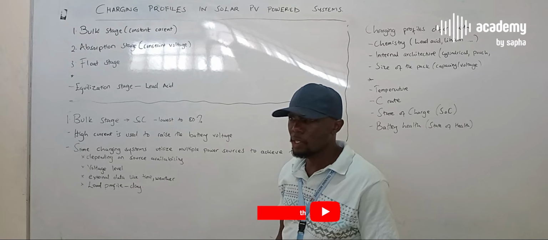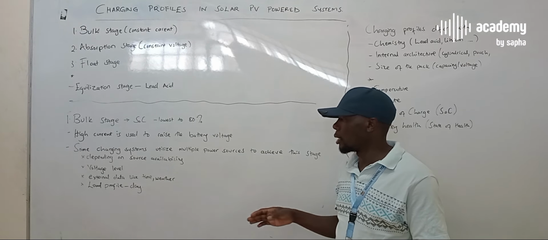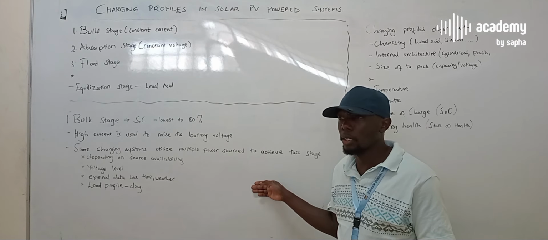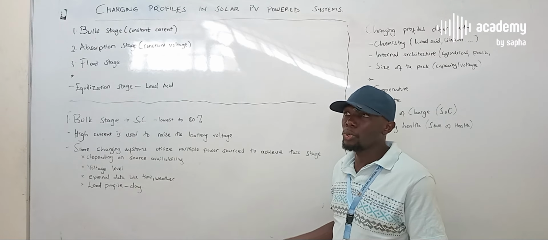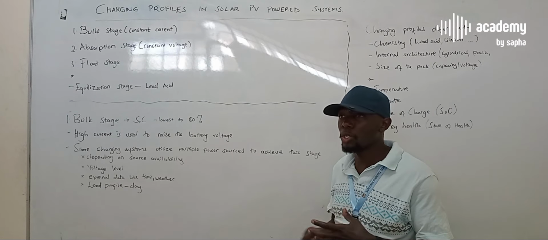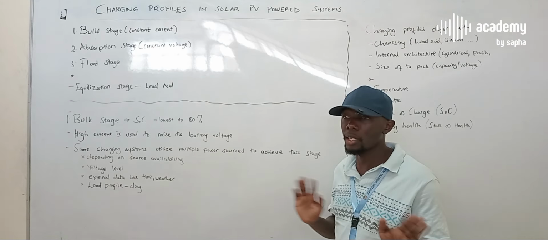In the very basic systems, like the standalone system where you just have a panel, a PWM charge controller, and a battery, most PWMs are normally primitive. They don't really bother understanding what is happening.